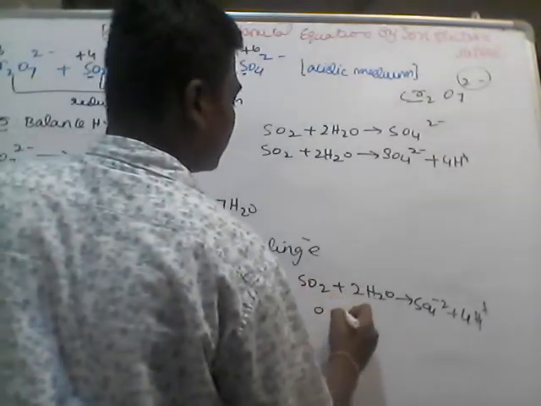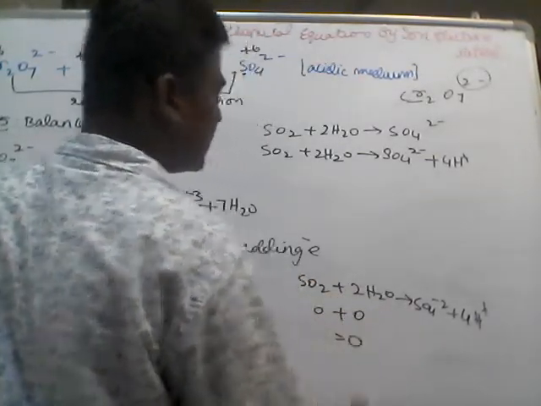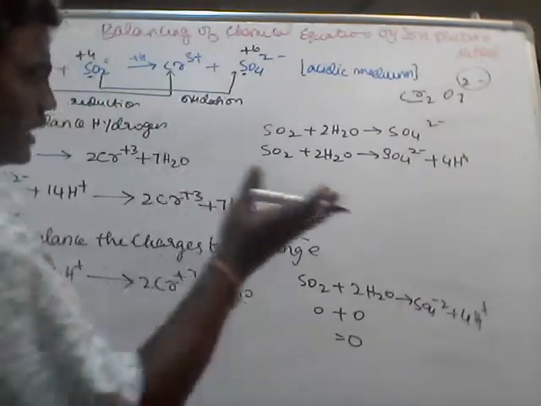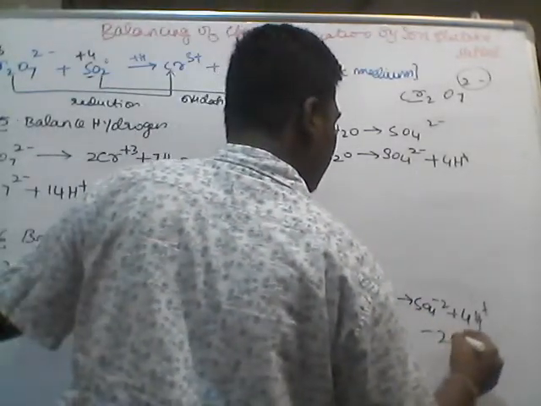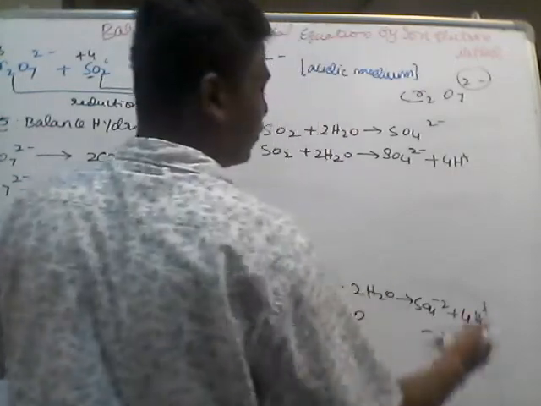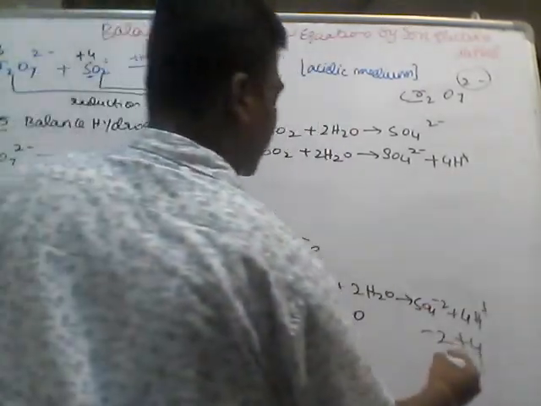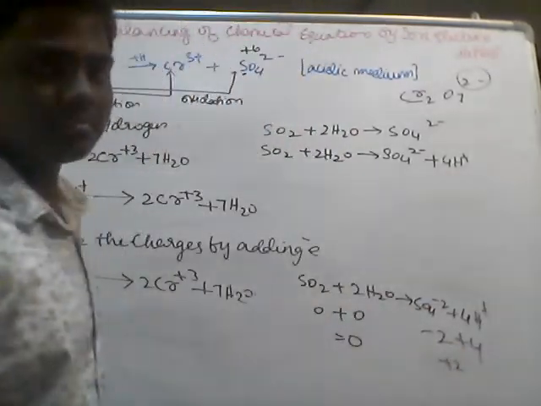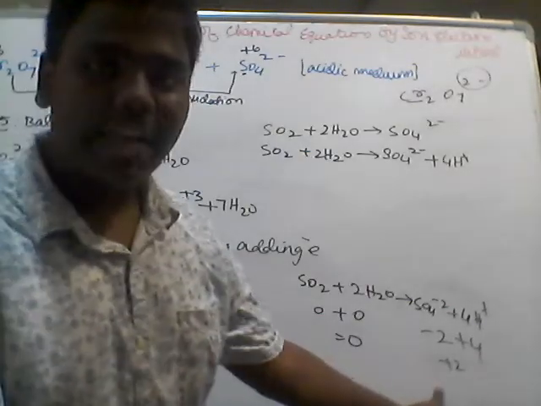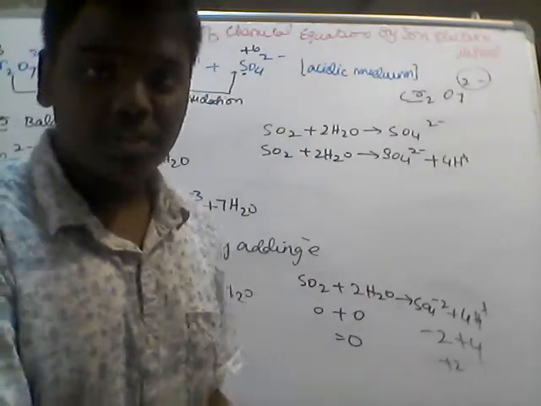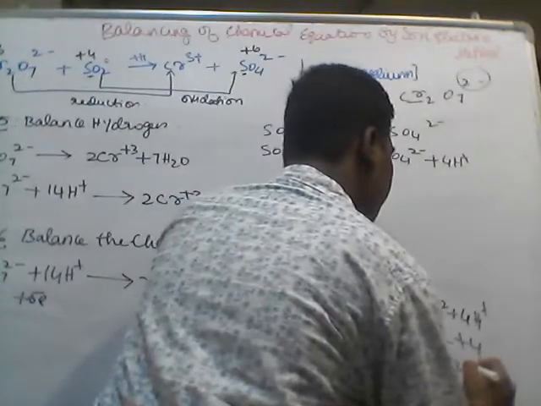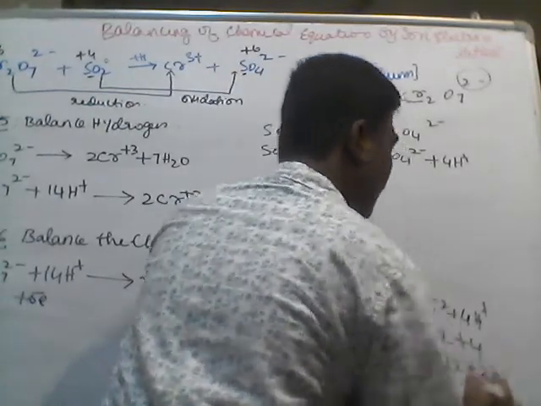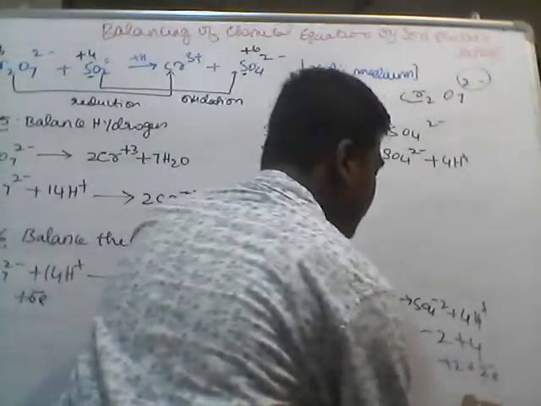SO2 and 2H2O have 0 charge. Total charge is 0. Here minus 2 plus 4, 4 ones are 4 plus 4. So can I say plus 2? For plus 2, if I add 2 electrons, will it be minus 2? Plus 2 plus minus 2 electrons will give me 0.